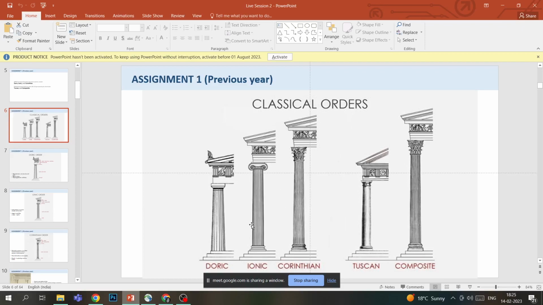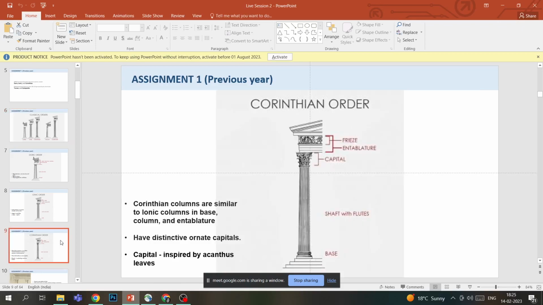Corinthian and Ionic are also the same in the shape of their column and its slenderness. So Corinthian is very similar to Ionic in the entablature, the column, and the base. But the difference is the capital. Corinthian has an even more decorative capital than Ionic, and these capitals have been inspired by acanthus leaves.